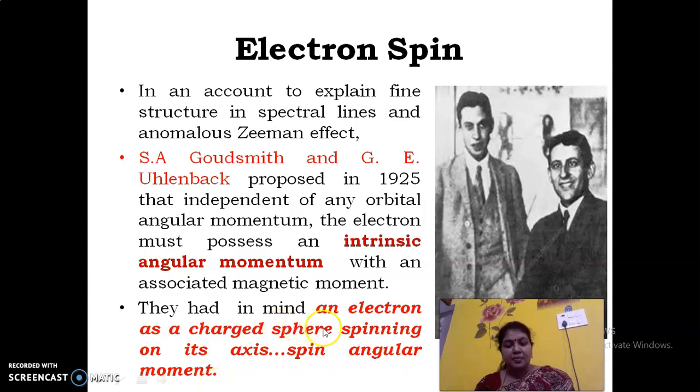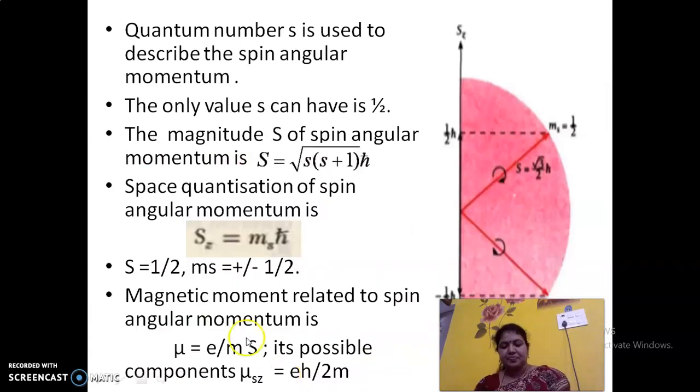I repeat, now an electron is not only orbiting with the orbital angular momentum, but it should also be thought of as a charged sphere spinning on its axis with spin angular momentum. They denoted a quantum number S, which was used to describe the spin angular momentum, and the only possible value S could have was chosen to be +1/2.